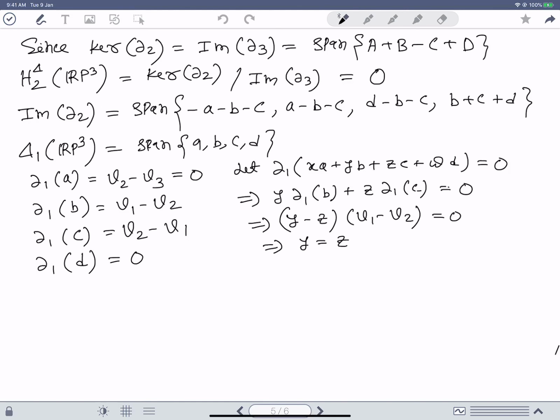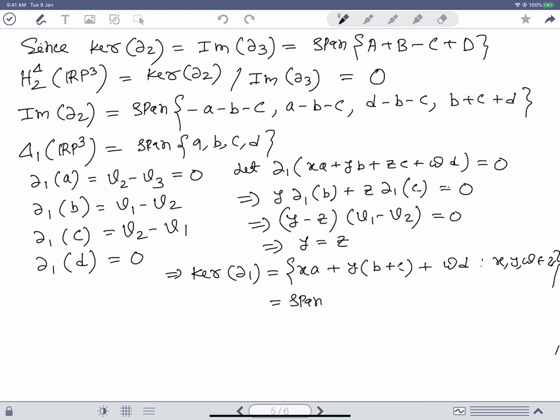Therefore, kernel of del 1 is span of, or you can write it is equal to, first of all, xa plus, since y equal to z, so you can write y(b plus c) plus w d, where x, y, w belong to Z. So this set, right, that means it is a span of a, b plus c and d.